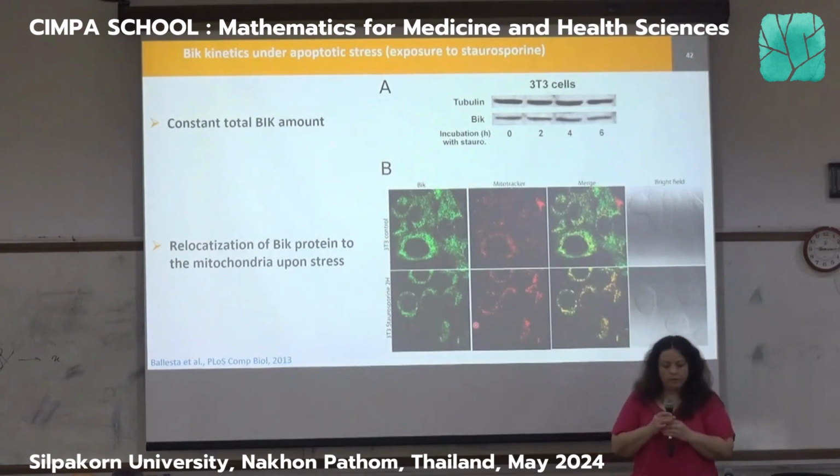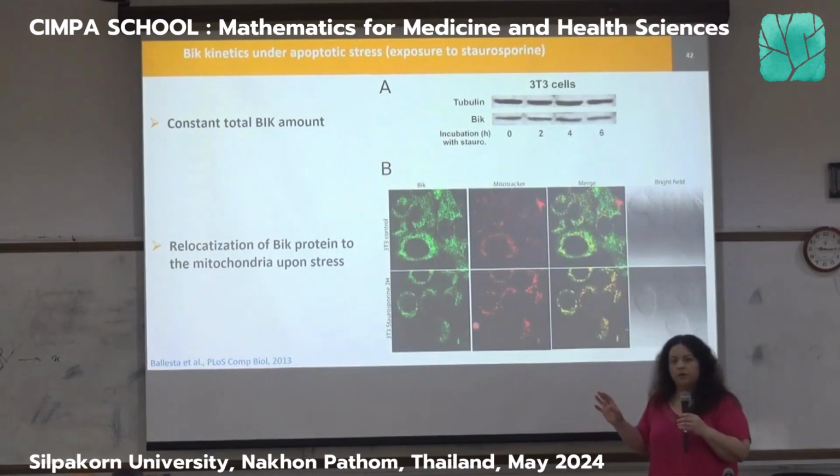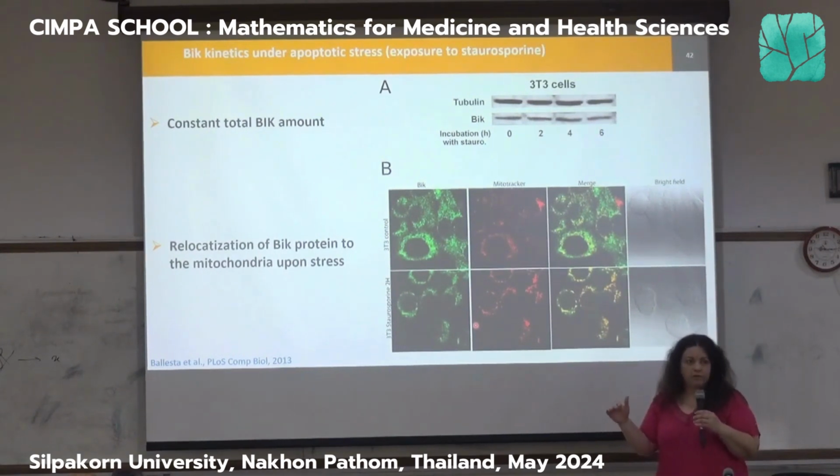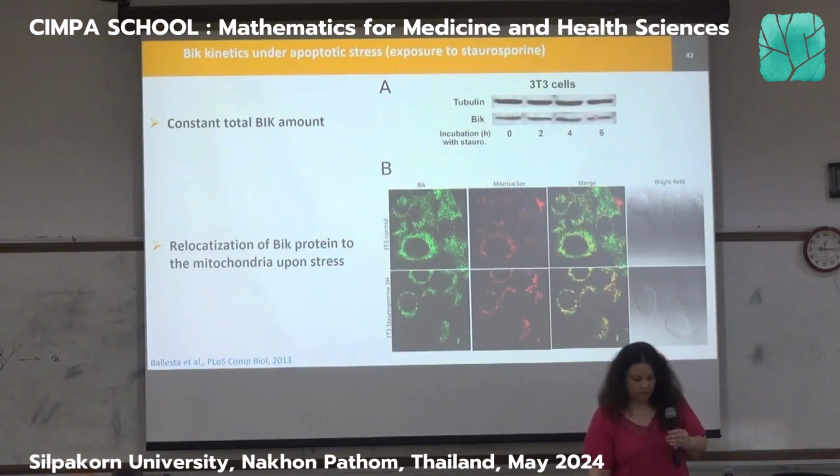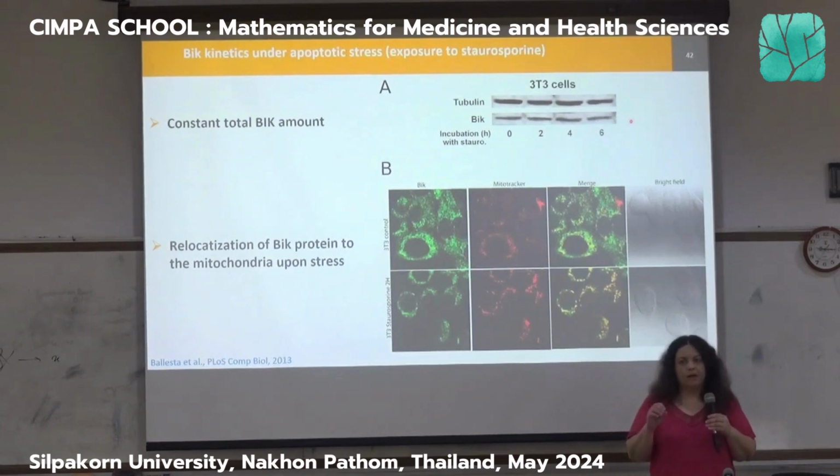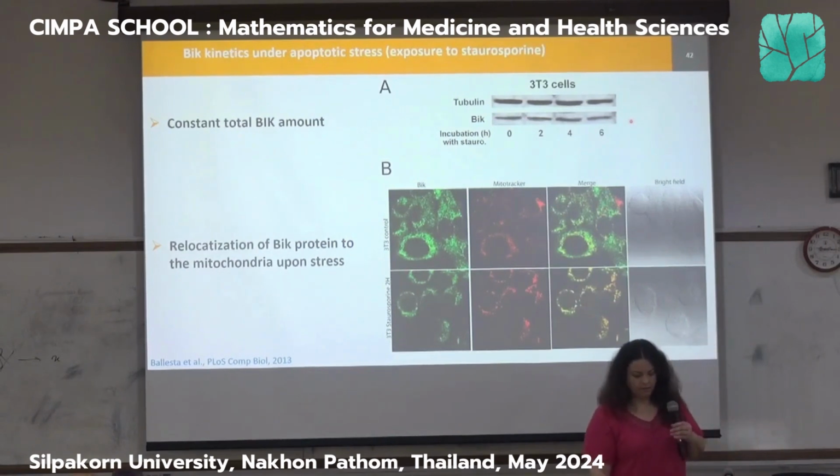So here, what I'm showing are experiments after or during an exposure to the drug for 8 hours. The first line is just a control, you can ignore that. The second line is again the amount of BIC in the presence of the drug in the normal cells. And as you can see, the amount of BIC is constant over time.